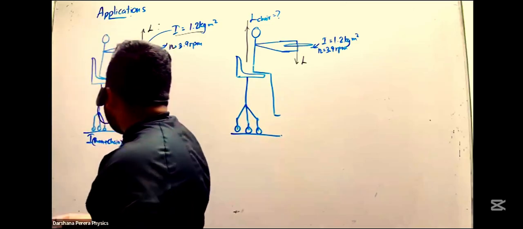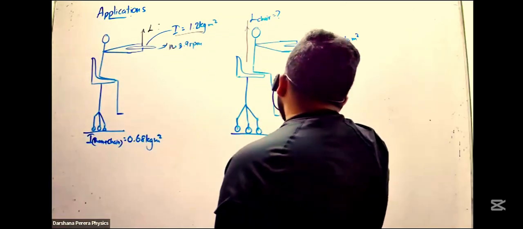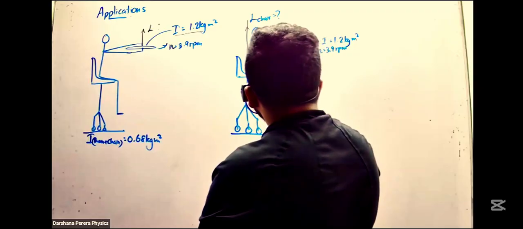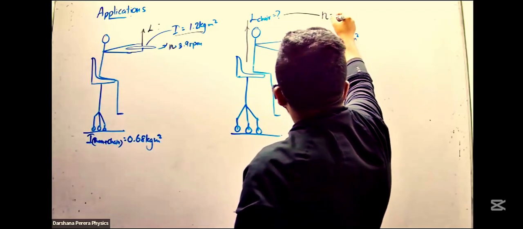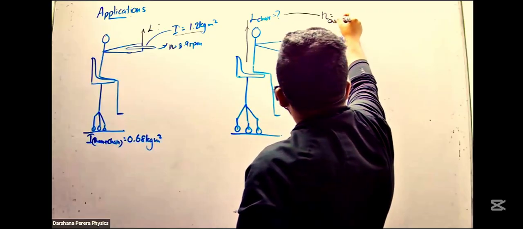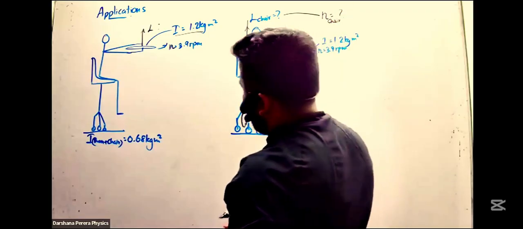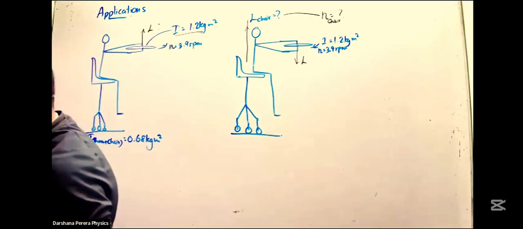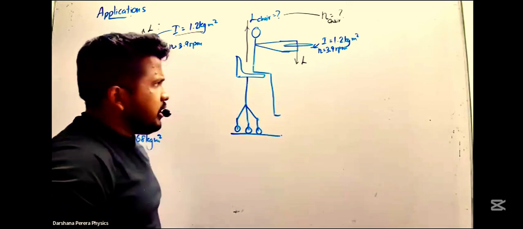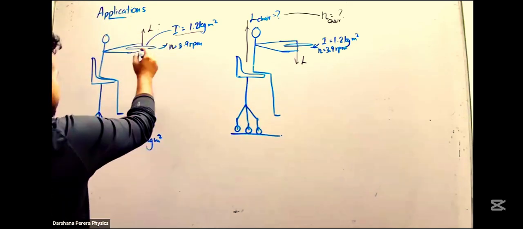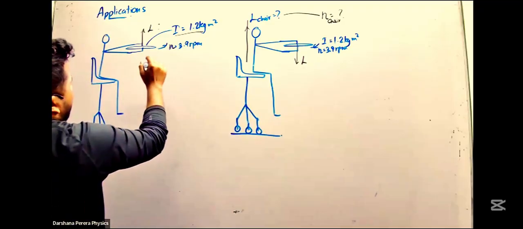We have to find the angular momentum of the chair and the man and find out the rotational speed of the chair. Initially we have to find the L value. How to find the L value?